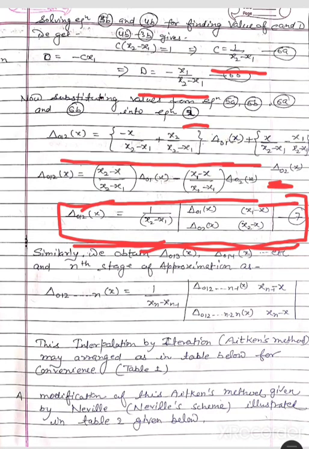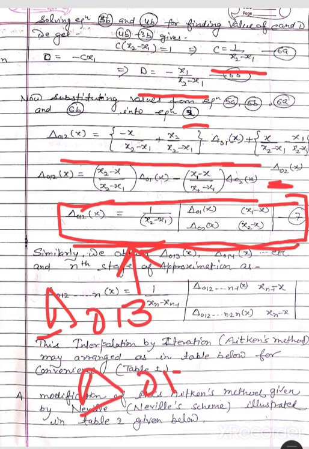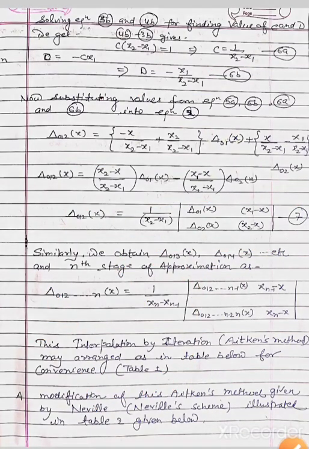Similarly, we can obtain delta 0 1 3 by replacing number 2 by number 3 in this expression, and similarly delta 0 1 4 and delta 0 1 n by replacing number 2 by number n in equation 7. So by replacing 2 by 3, 4 and so on up to n, we get all the second approximations.